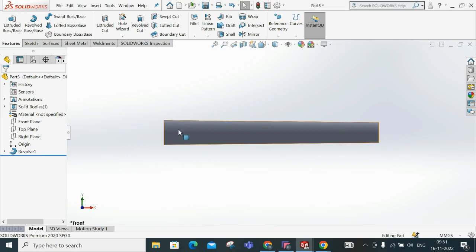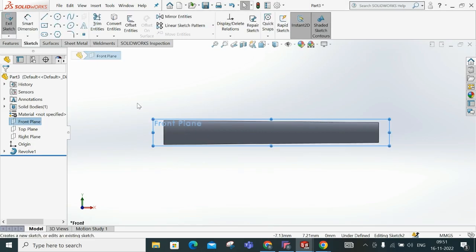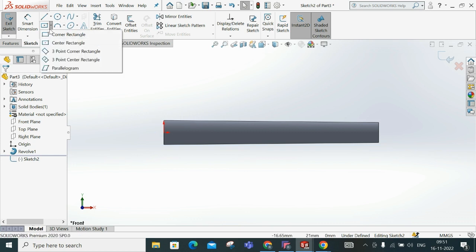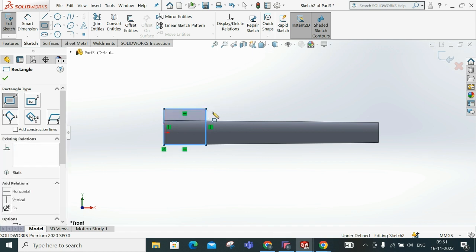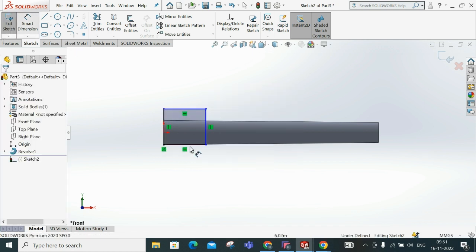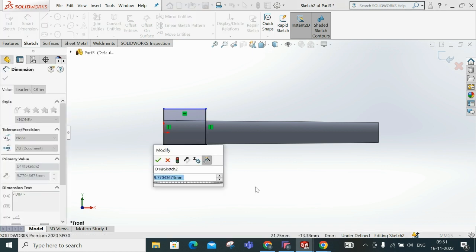Now what we have to do is cut away the remaining portion which is not required. This much portion is not required, right? 16 is not required.